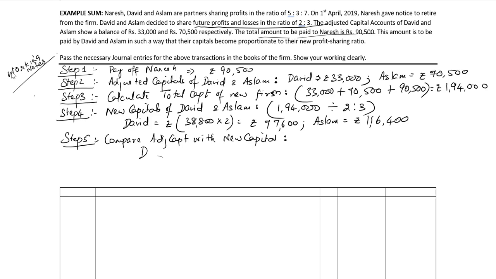In the case of David, the adjusted capital is 33,000 rupees, whereas the new capital is 77,600 rupees. So David needs to bring in cash for the amount equal to the difference, which is rupees 44,600.